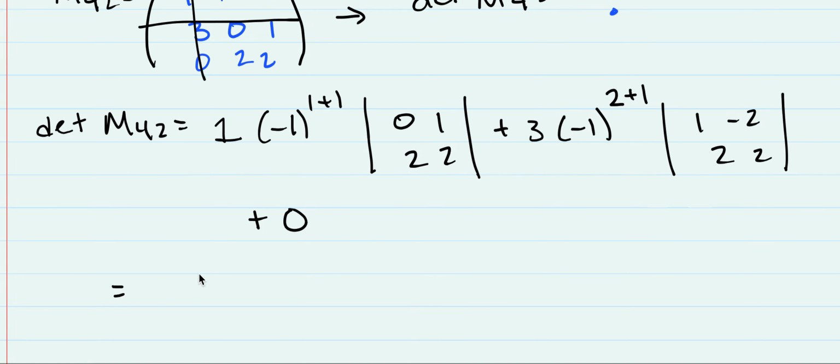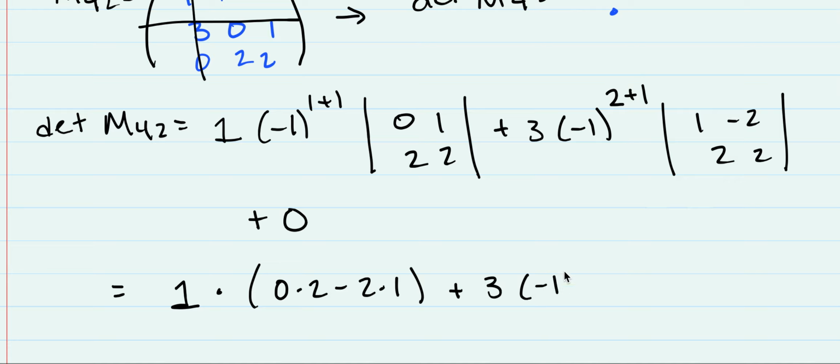So this is going to be 1 times the determinant of this matrix, which is 0 times 2 minus 2 times 1, plus 3 times a negative 1 times 2 minus a negative 4.